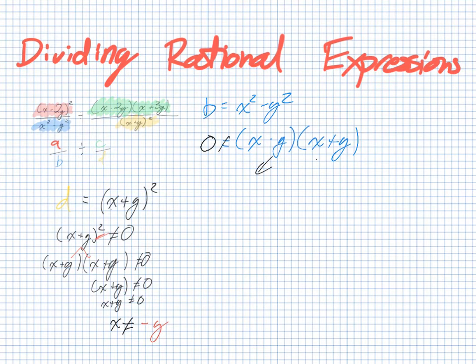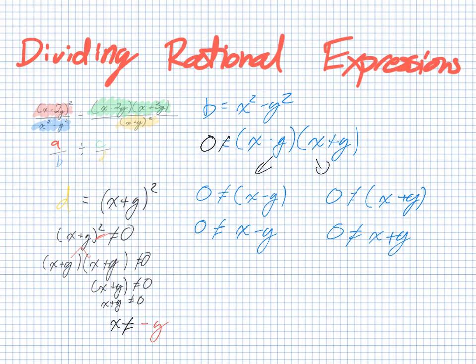So we're going to split both of them, because they're actually technically different equations. 0 cannot equal x minus y, and 0 cannot equal x plus y. So, two different questions. We can drop the brackets from both.